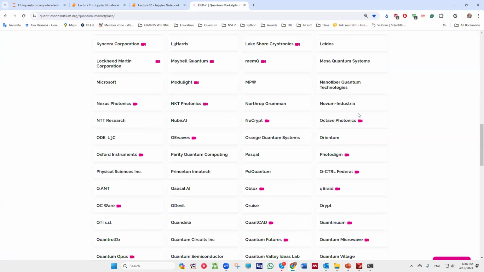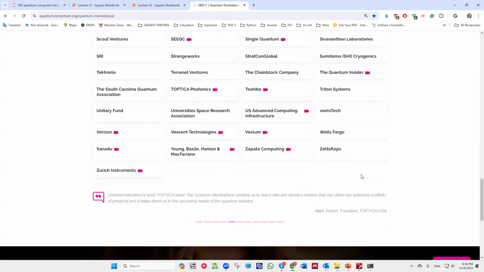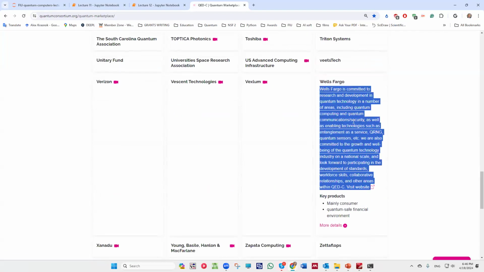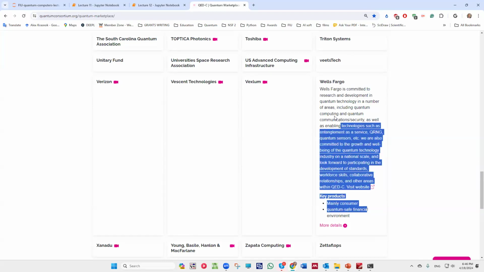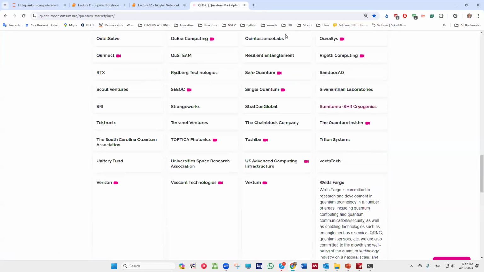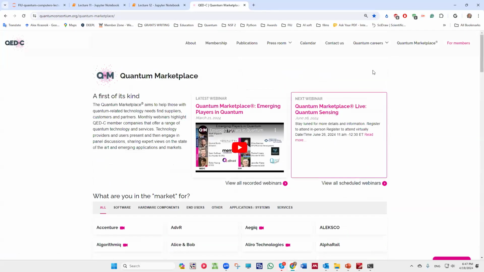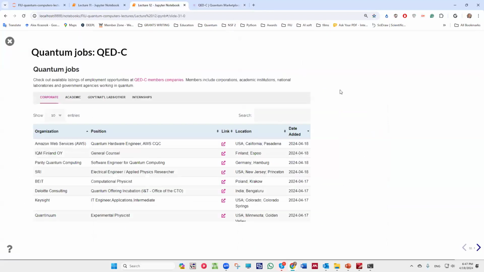It's impressive how much this area grows. Even Wells Fargo is committed to research and development. Oh, that's very interesting, I didn't know they did so. You see, the list is huge, and one can easily find a place to apply.